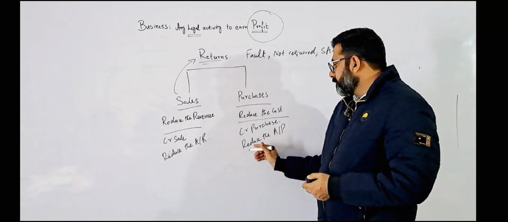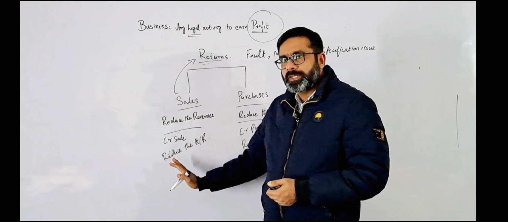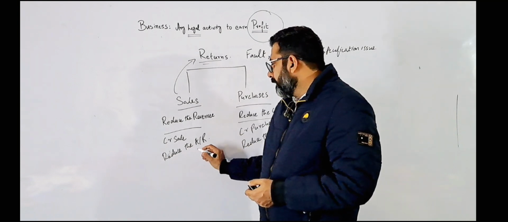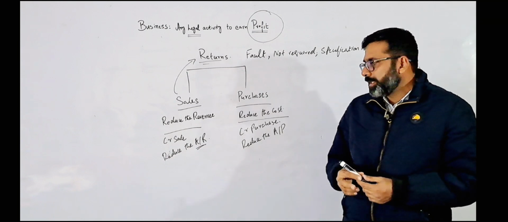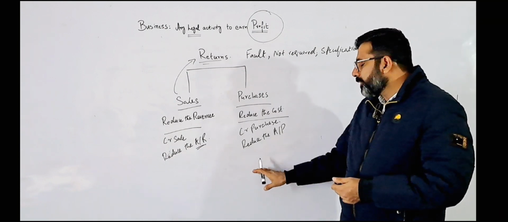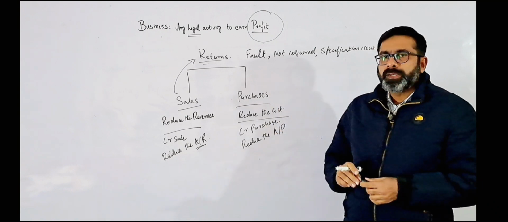So it is reducing the account payable, it is reducing the account receivable. Mean the asset will reduce, your receivables are reducing, and here your payables or your liability is reducing. So this is the concept of the return.